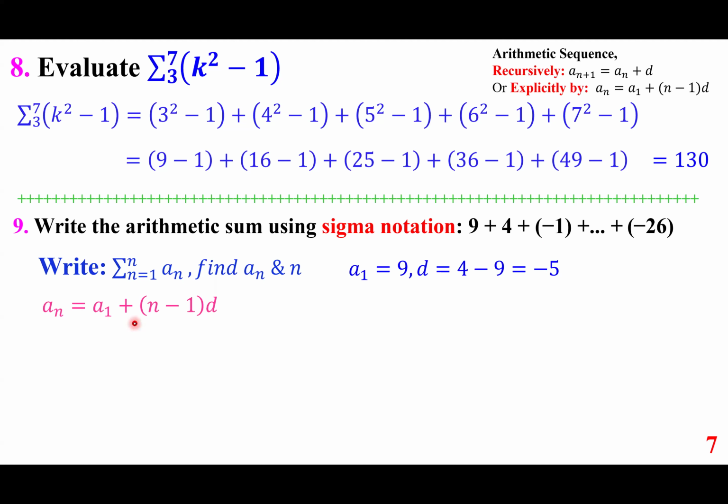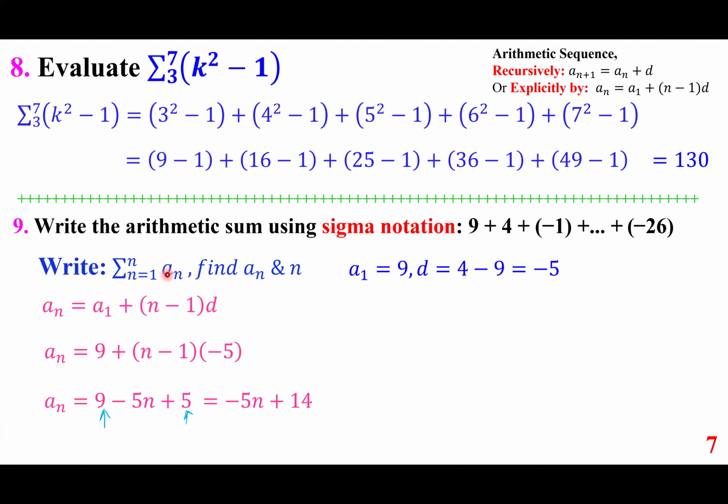We are going to put 9 instead of a sub 1, -5 instead of d, to find a sub n. So we distribute here, we get -5n plus 5. And of course, 9 and 5 add up to 14. We have -5n plus 14. So we got this piece.